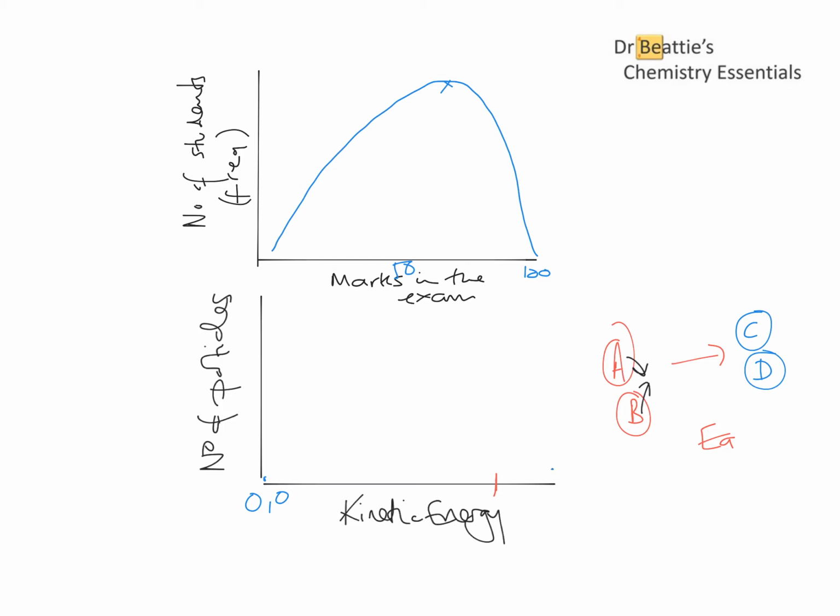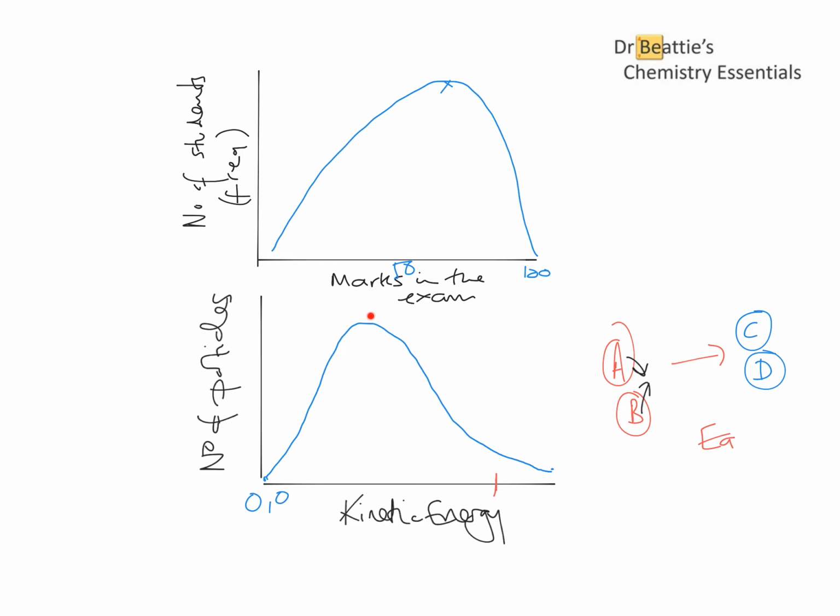So we're going to form a distribution curve that links these 2 points together. Noting that it never touches the x-axis on the right hand side because there's no upper limit, but will always start at 0,0 here.